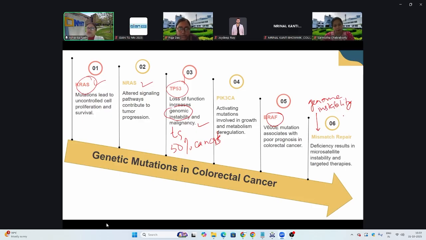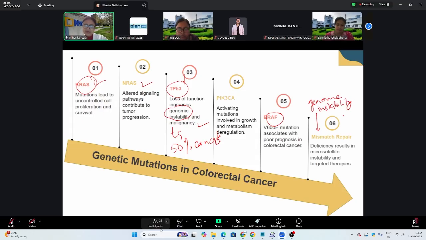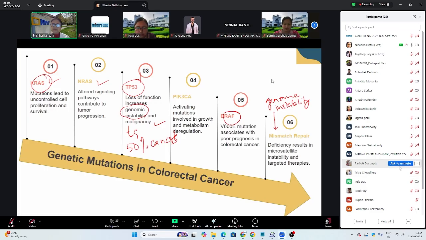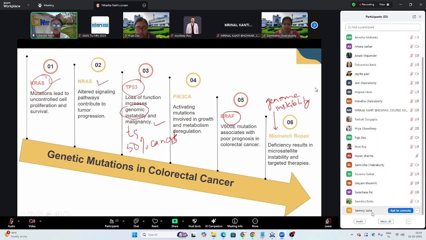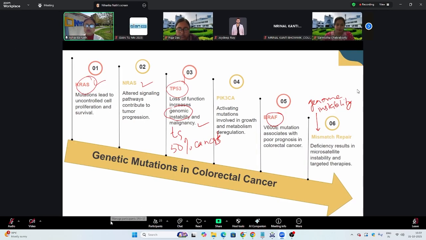And it leads to microsatellite instability. And so mismatch repair genes. And all of these start to progress, one mutation after the other.